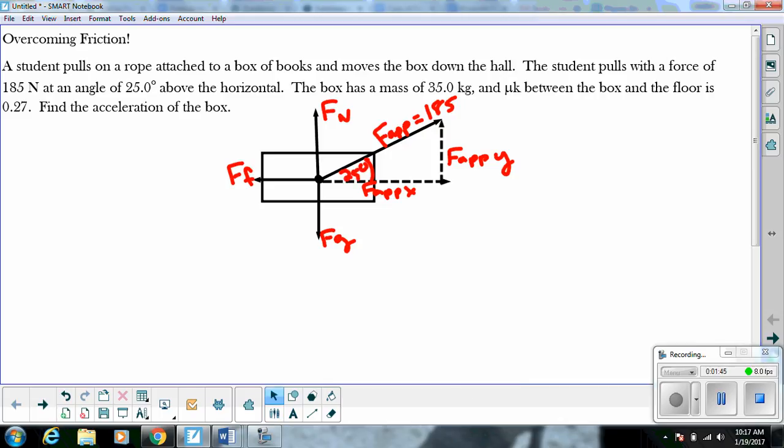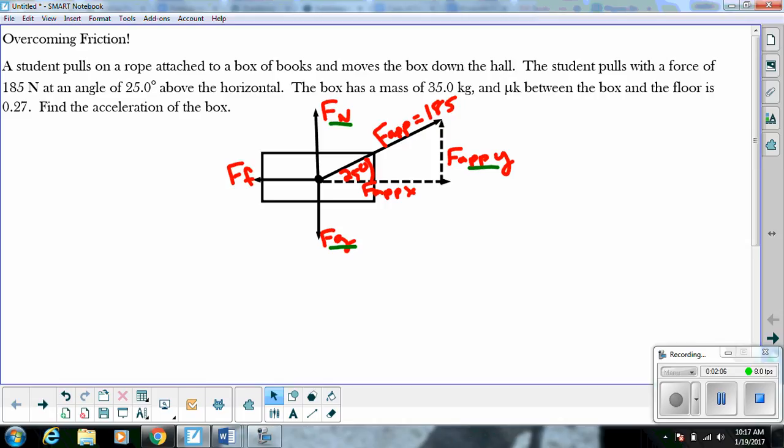So I can see here that the gravitational force, normal force, and force applied in the y direction will all add together to be 0. That's because the box is sliding across the floor as opposed to moving up and down.